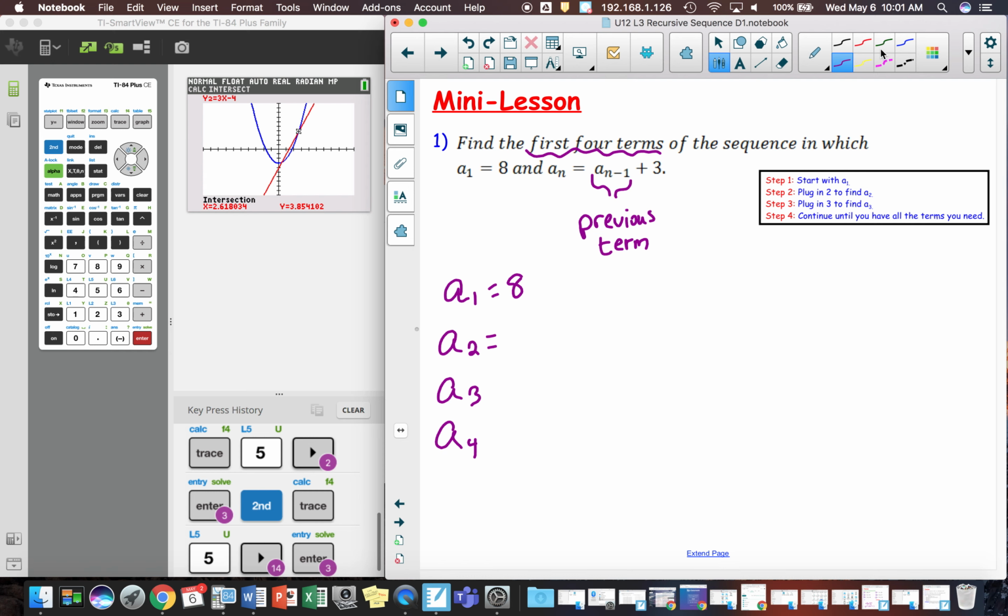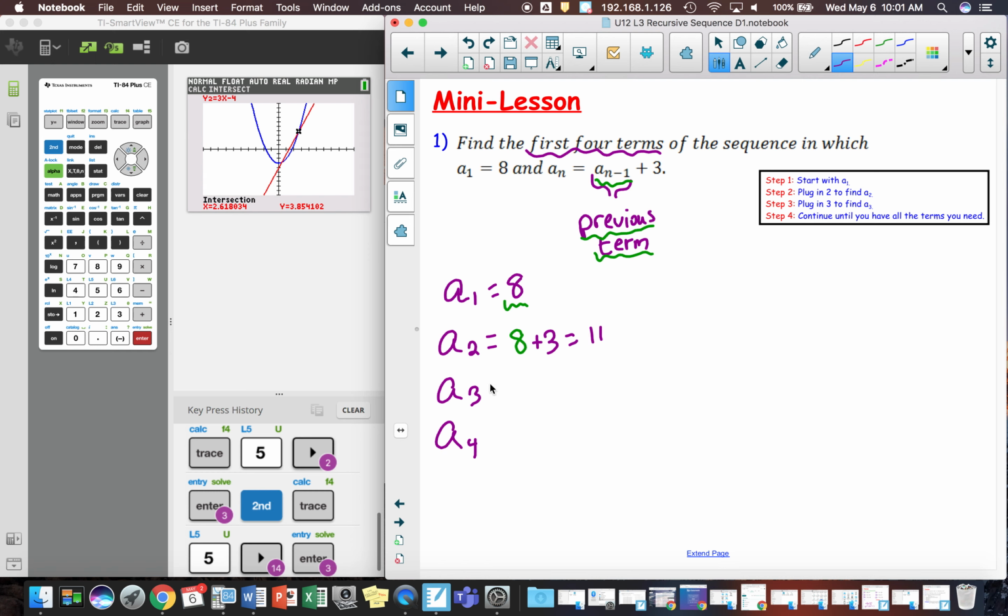I'm going to highlight our previous term in green. So that's what our previous term is. They say take our previous term, which was 8, and follow your rule. Your rule is to add 3 to it, so plus 3. Okay. 8 plus 3 is 11. Boom. There's our second term.